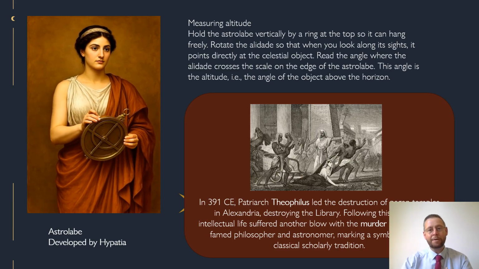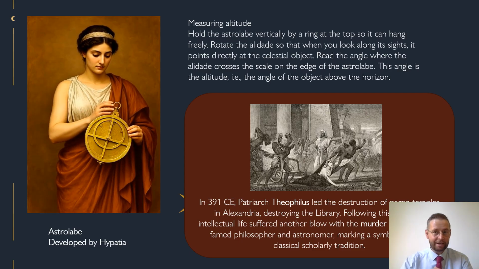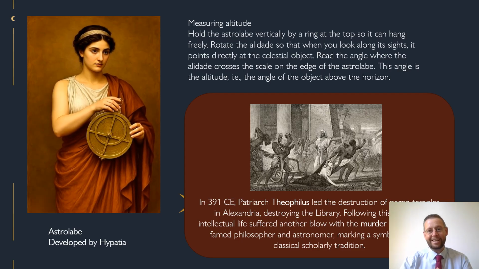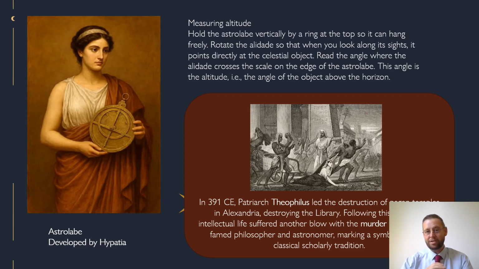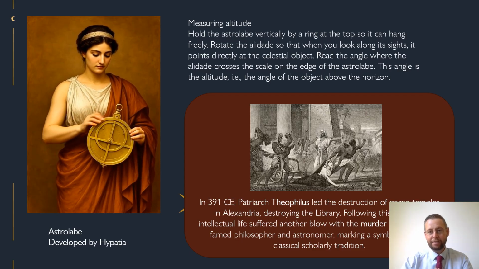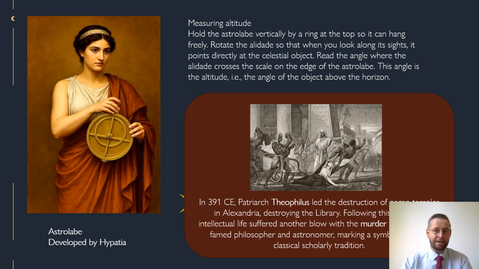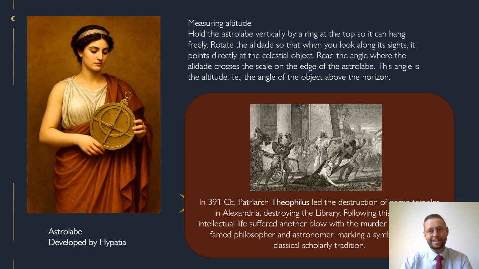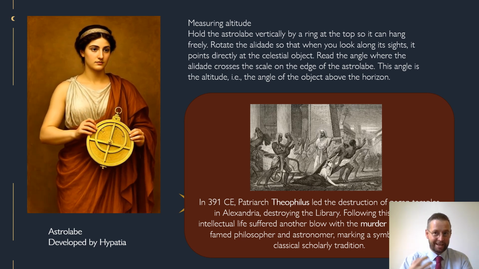The temples, the library, and Hypatia herself were killed by a Christian mob that thought it was all idolatrous and pagan. And so with her was lost, and with the library was lost, a huge amount of information. But luckily, many of the books and the learning and the thinking that had gone into the library had also had copies sent to other libraries in the Far East. And so that is where the intellectual journey would continue.